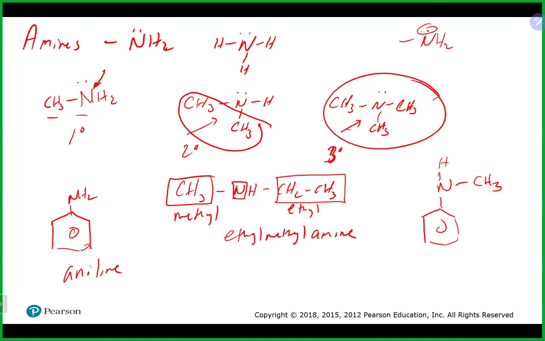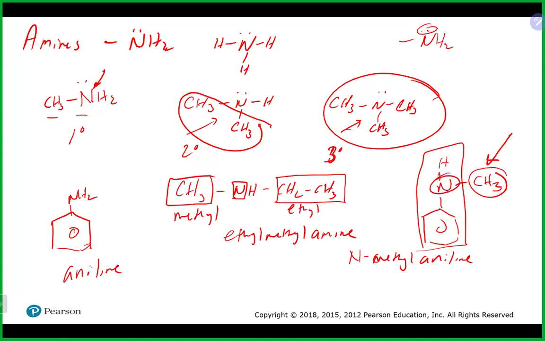We do use an N to indicate that that group is attached to the nitrogen. So this would be N-methyl aniline. Again, aniline being this whole thing, our methyl group directly attached to the nitrogen and not a carbon.